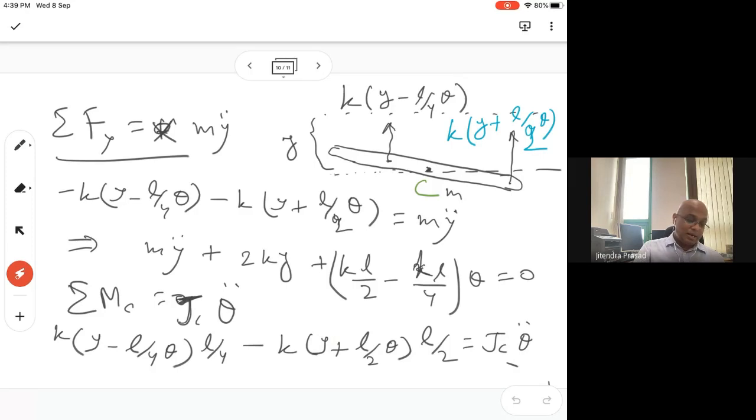Then we have kL over 2 theta, and here this is a minus, so kL over 2 theta and kL over 4 theta both have minus only. So here minus becomes plus, this minus becomes plus.